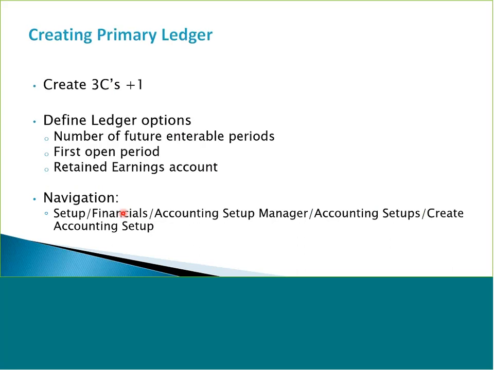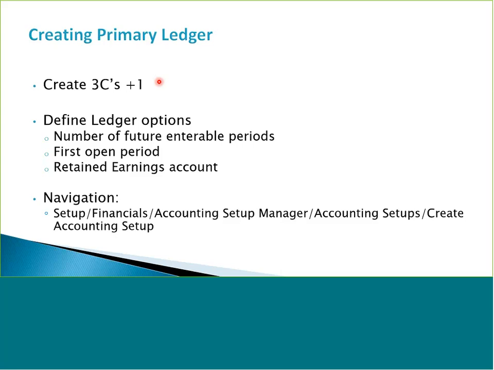All right. So here's our progress so far. We have created or enabled 3 Cs: the currency, the chart of accounts, and the calendar. Remember, we had one more C, which is the subledger accounting method. We will see where we select that as we create our ledger.